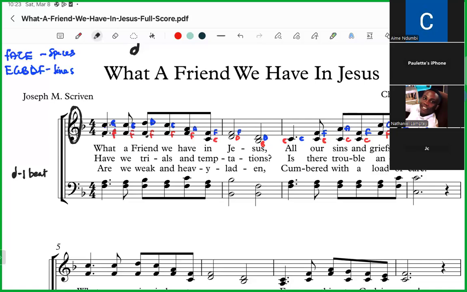One beat, but it's dotted, so it adds half of the original note. So this will be 1.5. Then there's a quaver, which is a half beat.